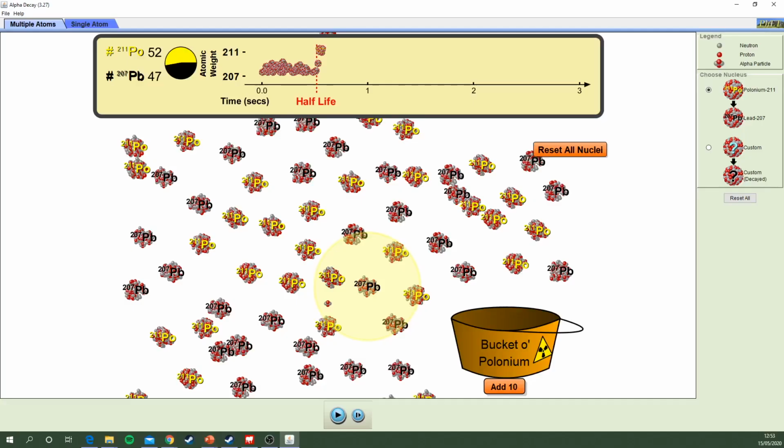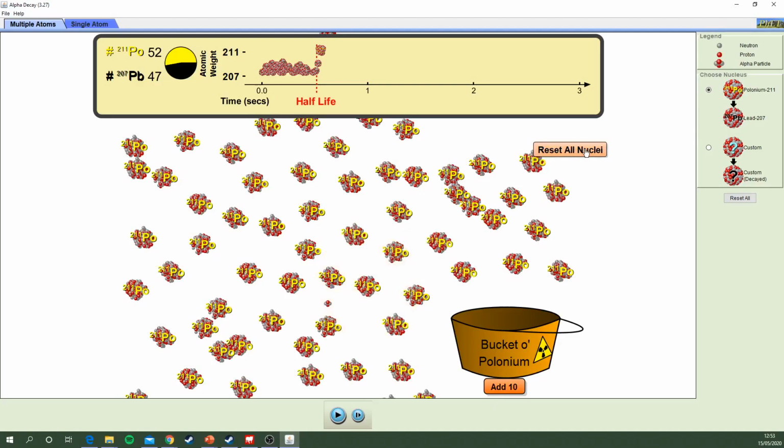If I bring up this little animation, we've got these plutonium nuclei. Just by looking at this picture, we cannot tell, and there is no way to tell, which one is going to decay next. And it's the same in the real world. If we had a sample of this plutonium, we could never know which atom is going to decay next.